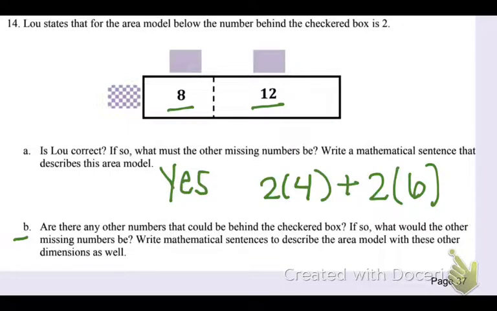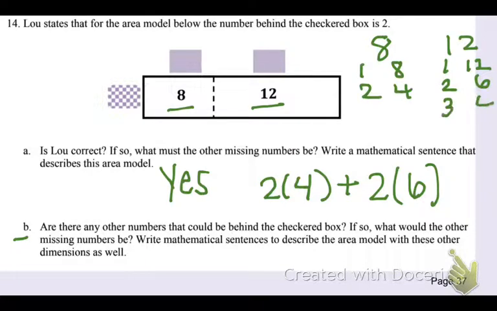So let's find the greatest common factor of 8 and 12. I know that 1 multiplied by 8, 2 multiplied by 4, and that's it. Let's do 12. 1 multiplied by 12, 2 multiplied by 6, 3 multiplied by 4. So the greatest common factor of 8 and 12 is 4. That means I can apply 4 right here.